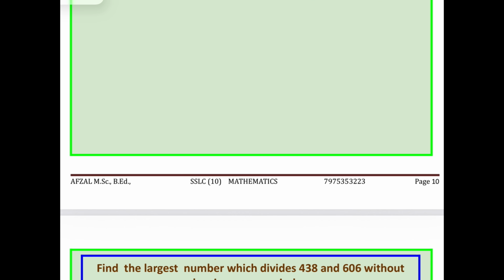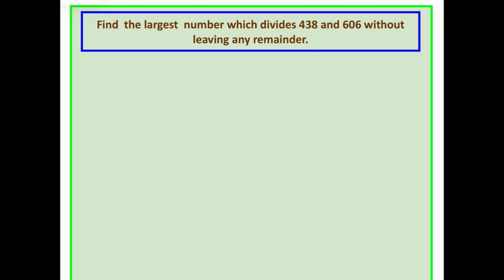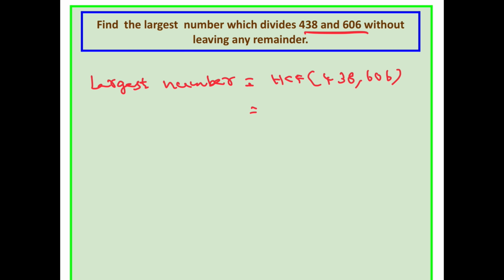Next question. Find the largest number which divides 438 and 606 without leaving any remainder. Largest number equals HCF of 438 comma 606, we have to find. 438 factorize: 2 2s are 2, 1 2 9s are, 3 7 3 3s are.